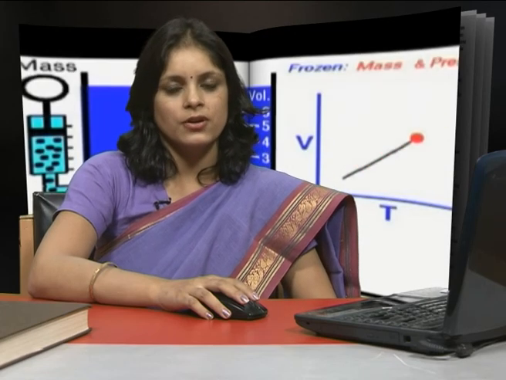In this lecture, we discussed the reason for deviation of real gases. The real gases deviate from ideal character. The reasons were that we did 2 corrections in the ideal gas equation, or in the assumptions of kinetic theory of gases.